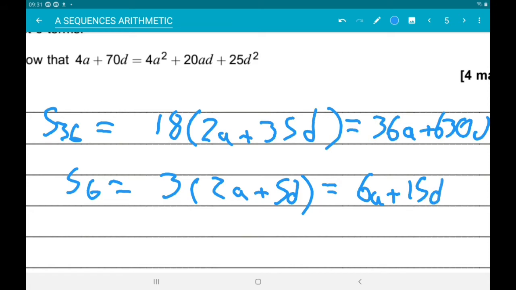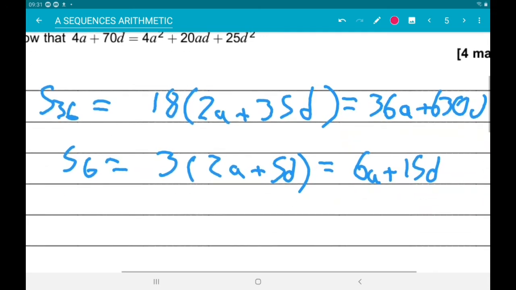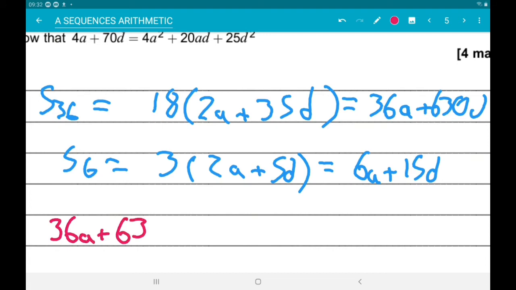Alright, now we're going to put these into what we are told about them. So we know the sum to 36 is equal to the square of the sum to 6.